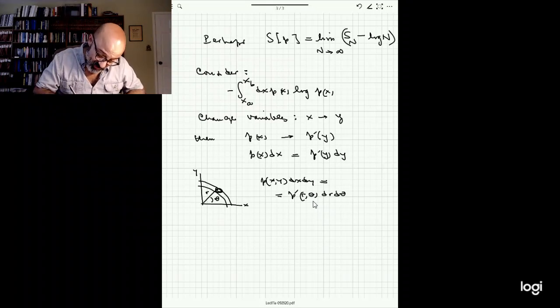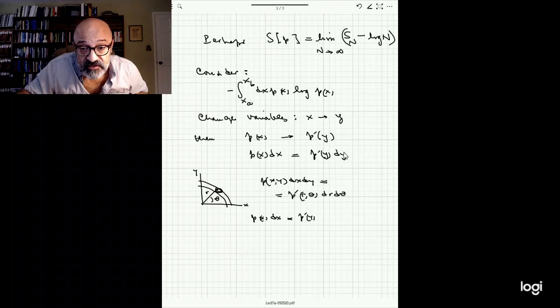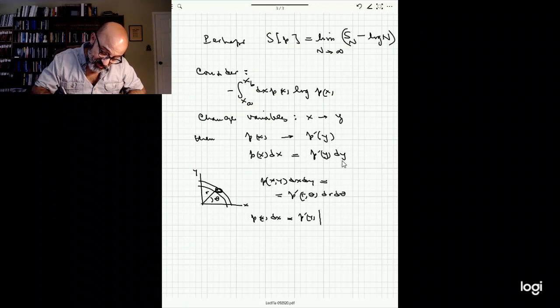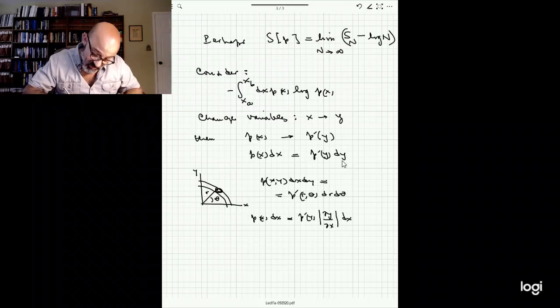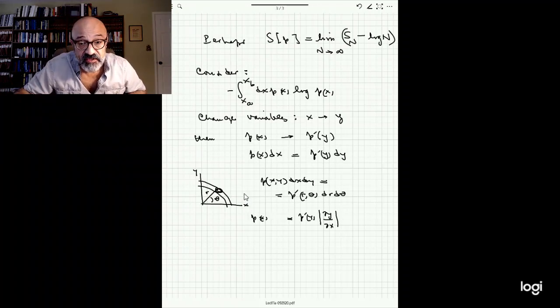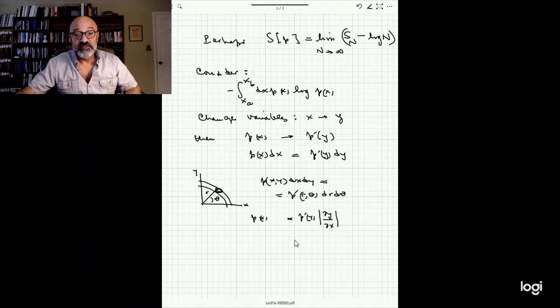And the particular formula that one uses in general is to say that whatever this is, it's equal to something like dy. And here we're going to rewrite this dy in terms of the x coordinates, and the appropriate change is through a Jacobian. And now you can go ahead and eliminate the dx's. And so here you have the connection between the new probability distribution and the old one.